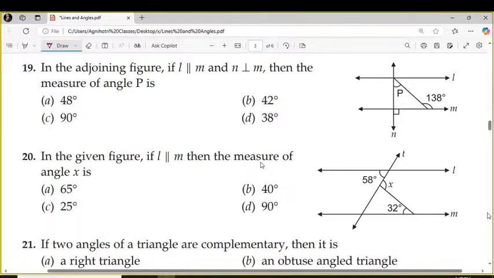It's easy to answer because it is 90, and this 130 must be the sum of 90 and p, isn't it? That's why p should be 138 minus 90. That's why it's 48. Is it your answer? Yes, sir. Okay, for question 20, have you got your answer for 20 as well?